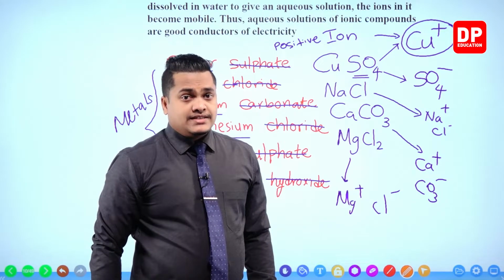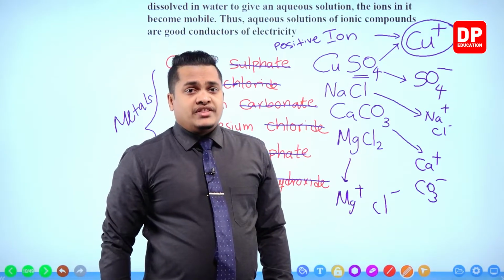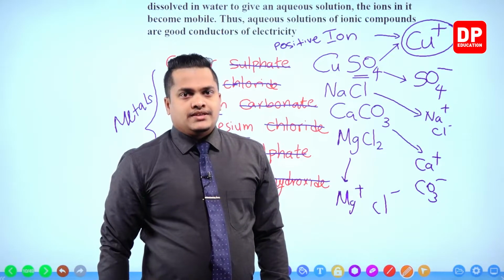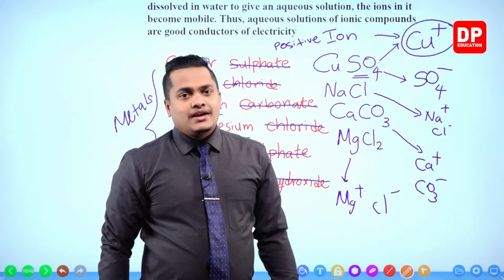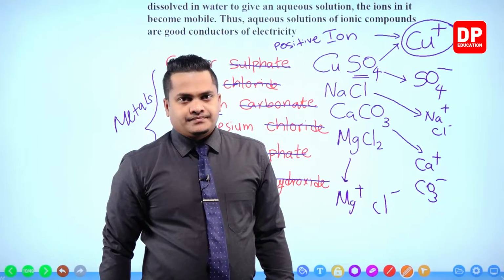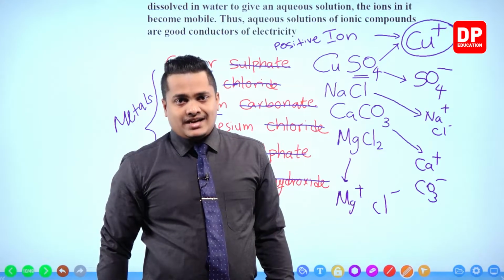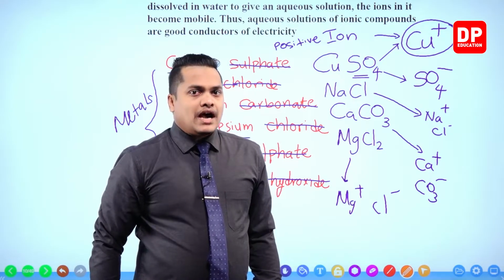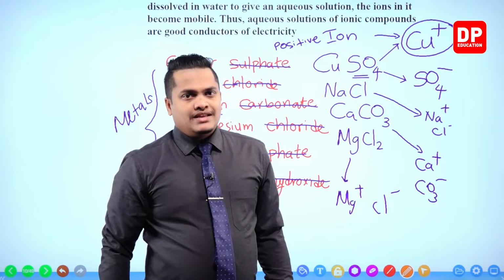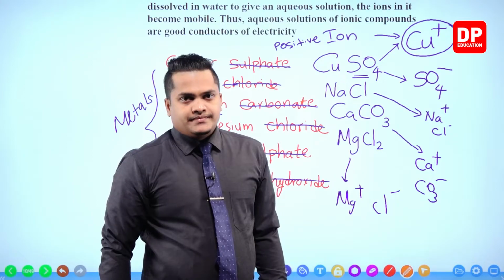The other specialty is that as they are bonded with strong static electrical charges, the particles are tightly packed with each other. So therefore, all the ionic compounds are available in the environment as solids.